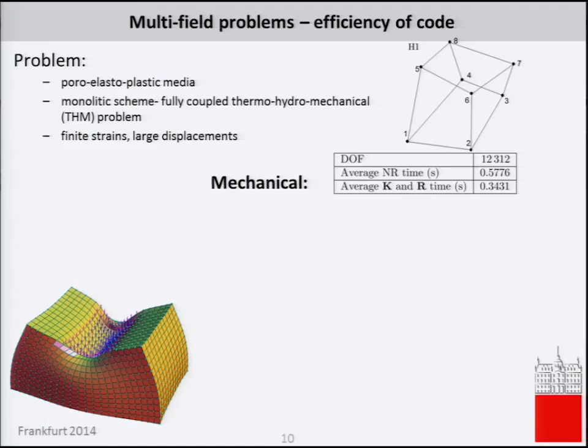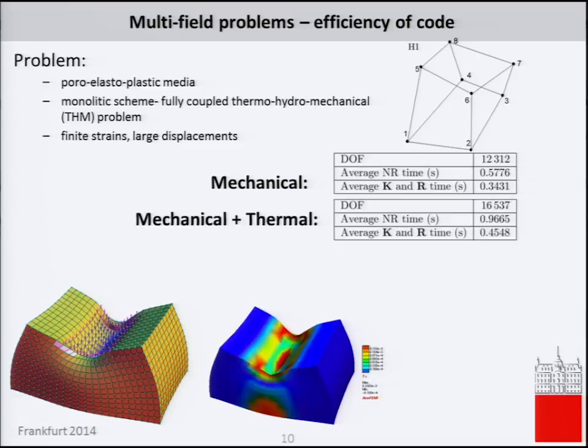This is an example which is a little bit more complex, a multifield problem. It's a poroelastoplastic media, so it's large deformations, fully coupled with thermo and hydro mechanical fields. This is an example solved, like a sponge pressed down, and the temperature is also calculated, and the pressure of the fluid inside.